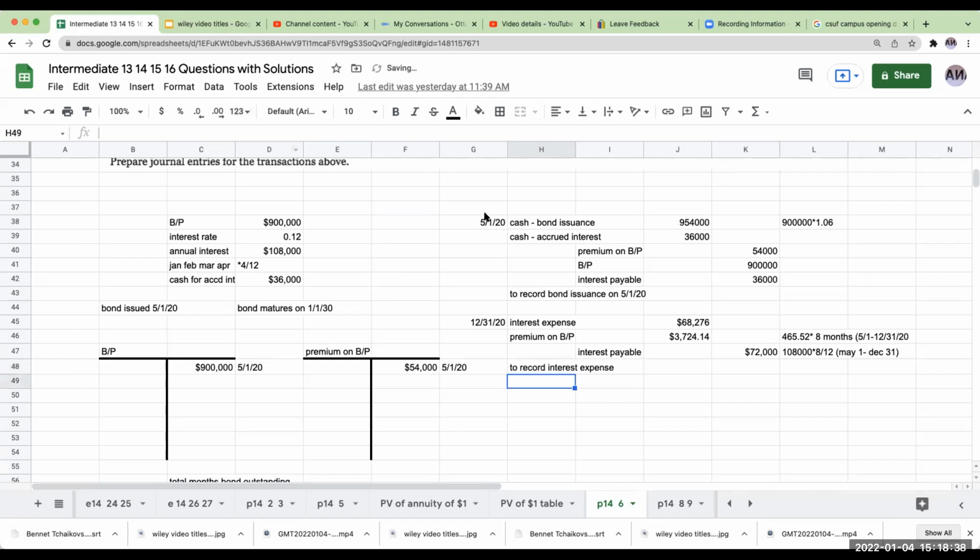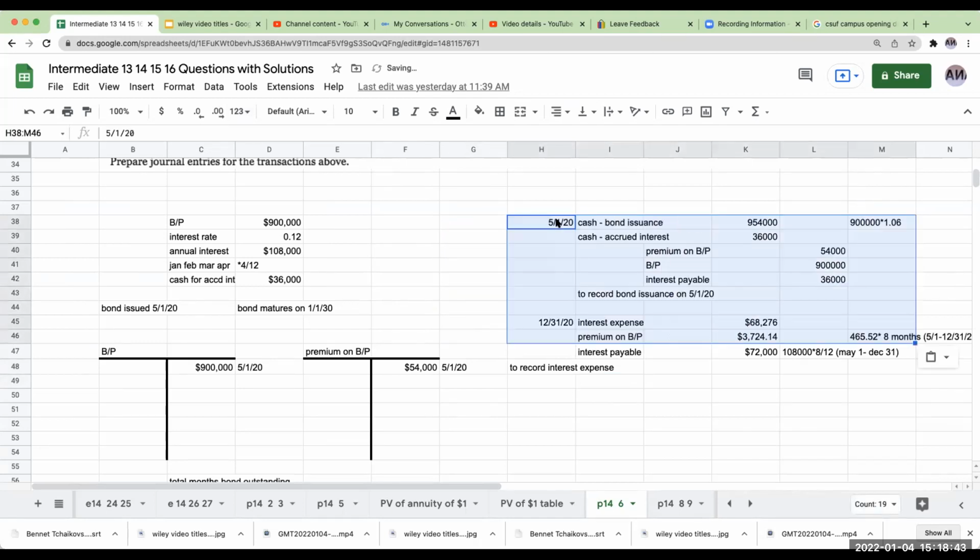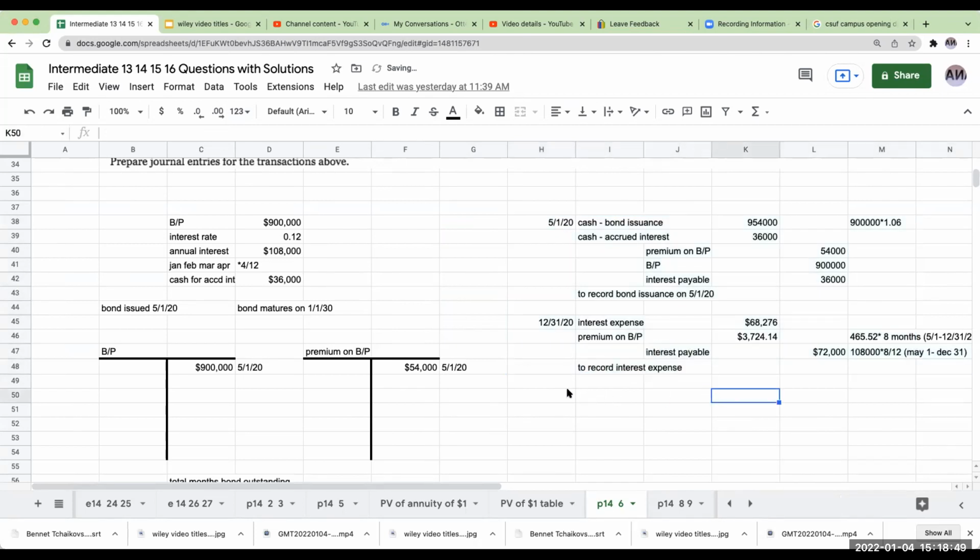Okay, so now once I've done this part, what I'm ready to do is on 1/1/21, I'm actually paying out the interest. I'm going to credit cash for 108,000. What is that coming from?